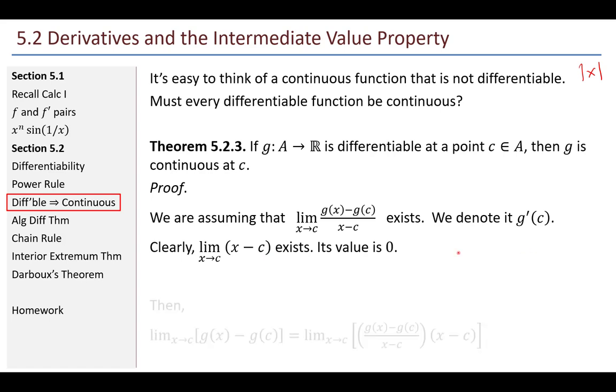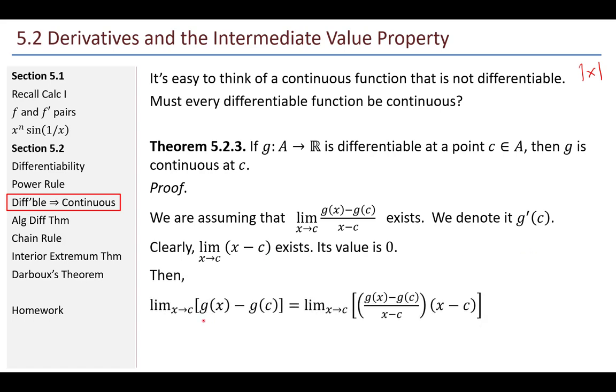And now consider this: the limit as x goes to c of g of x minus g of c. What I'll do with this expression is divide by x minus c and multiply by x minus c. So that's where this first equality comes from. I've just divided and multiplied by the same amount. But now I have two expressions, and these are the two limit expressions that were shown earlier. So I can take the product of the two limits, and I get g prime of c times 0 equals 0.